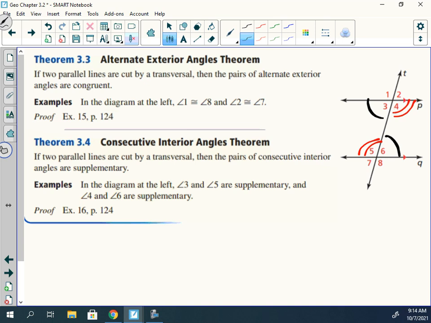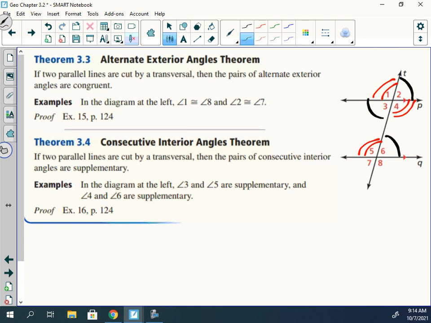Starts with a V. Vertical angles. Vertical angles are what? Congruent, yes? So I know that 3 and 2 are going to be the same measure. We also know that 1 and 4 are going to be the same, yes?